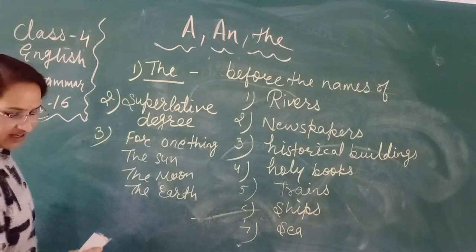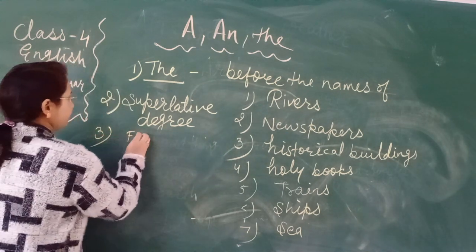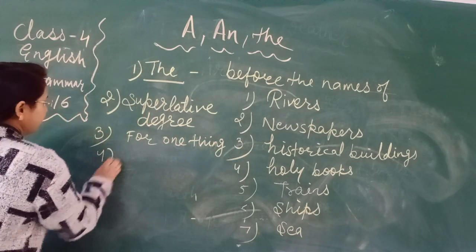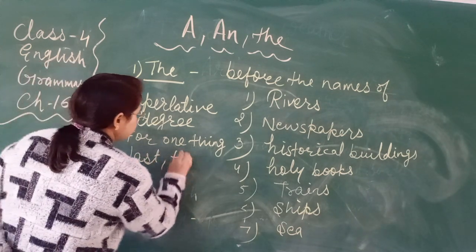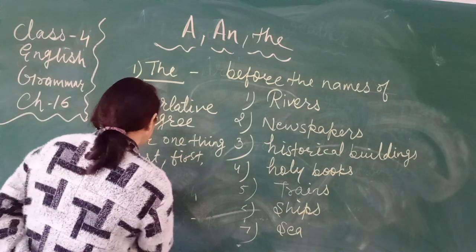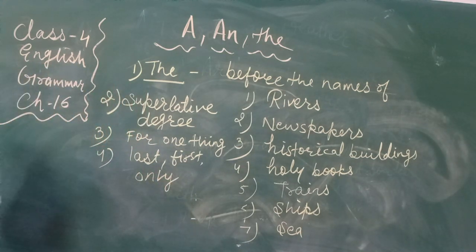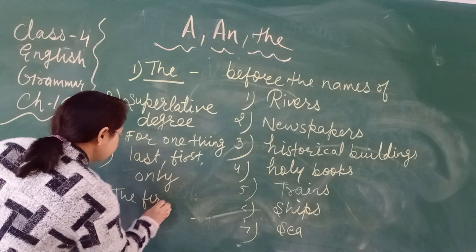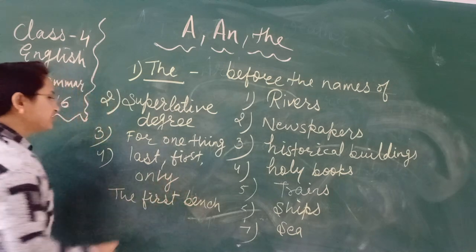Now next use of article the is for one thing. The words like last, first and only, ऐसे words से पहले यूज होगा आर्टिकल the. How? The first bench, क्या यूज किया हमने?